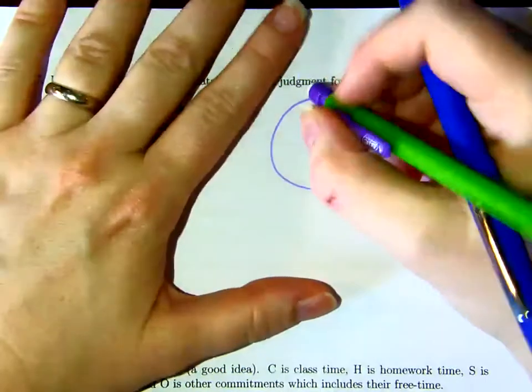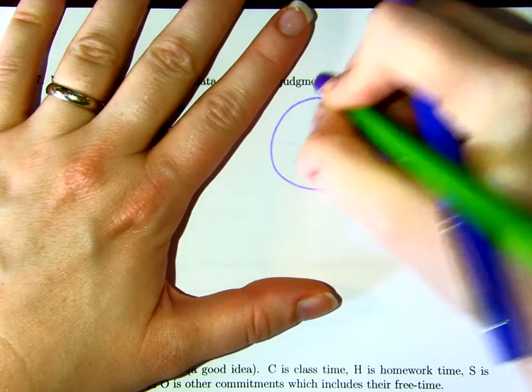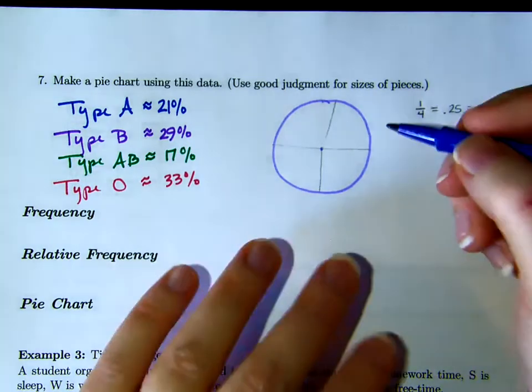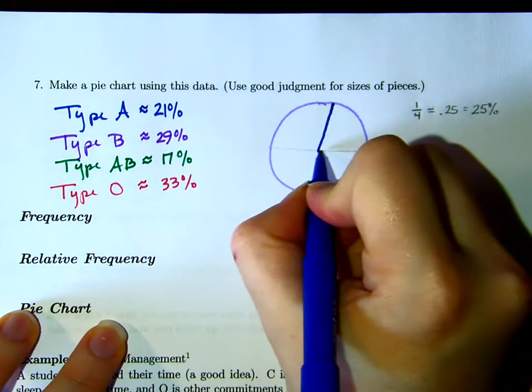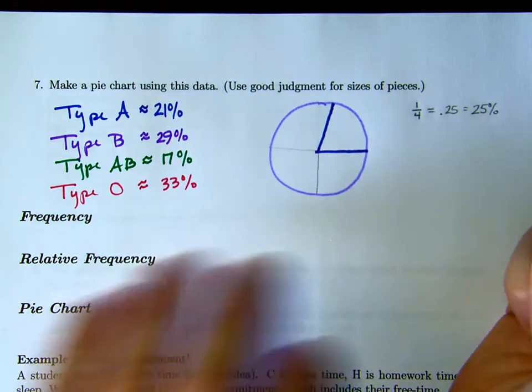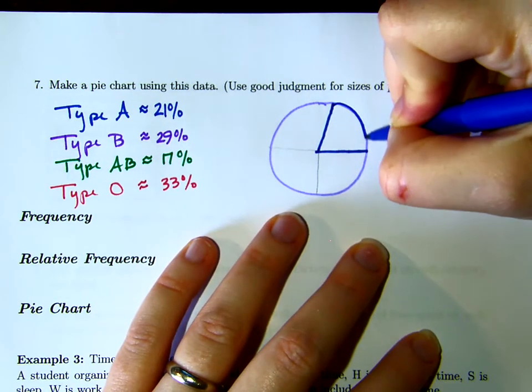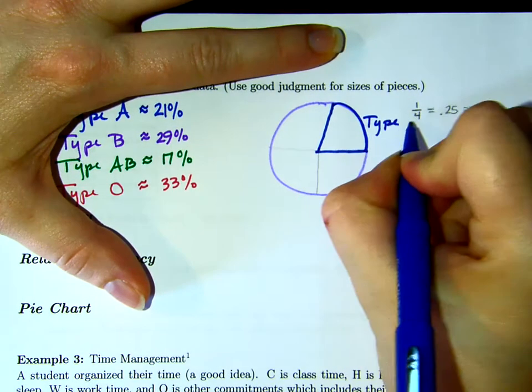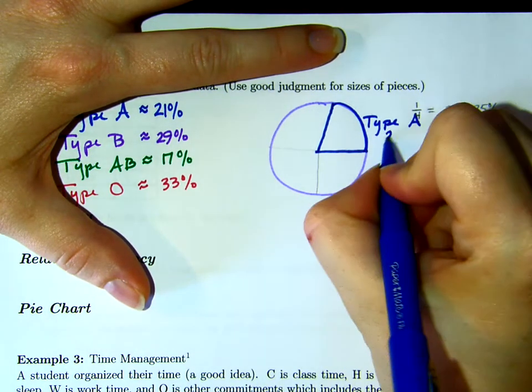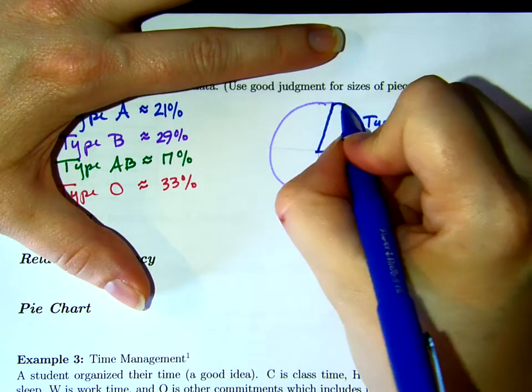So I'm going to erase my quarter. I used it as a reference, but now the smaller of these two, right here, so this sector, I'm going to label as type A, which was about 21%.